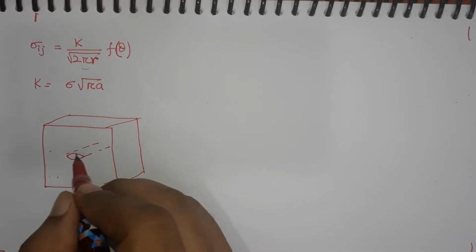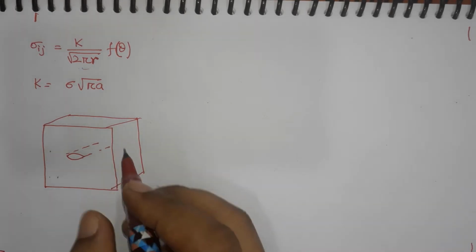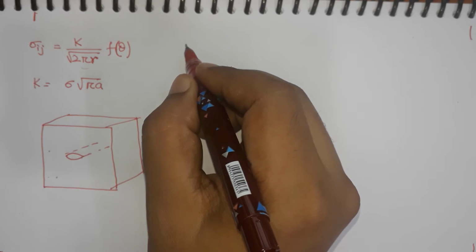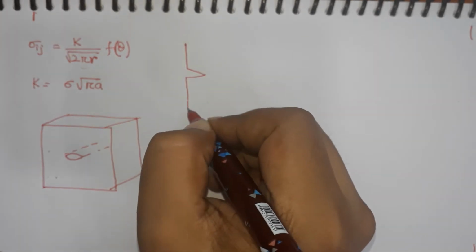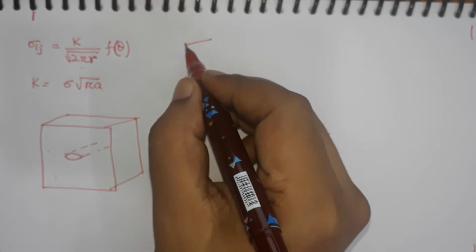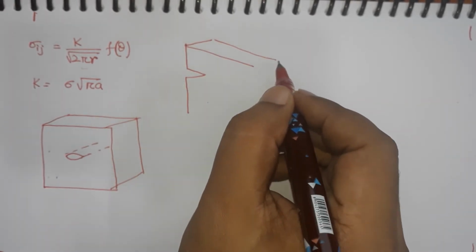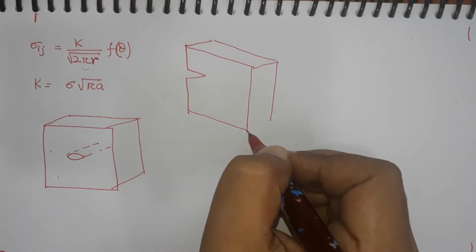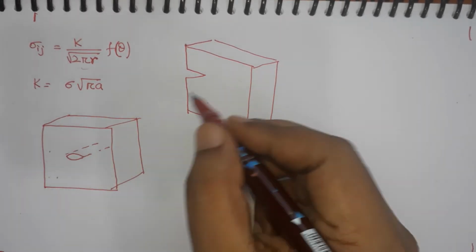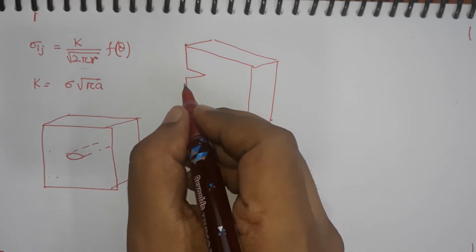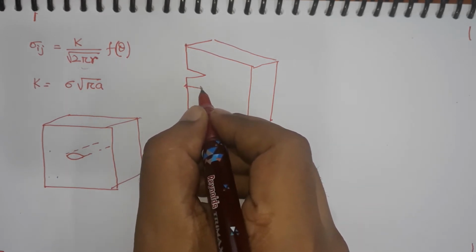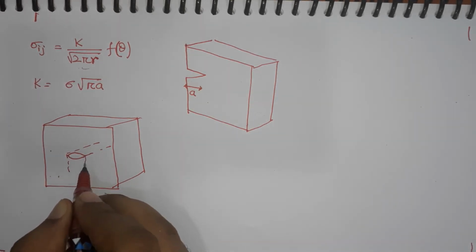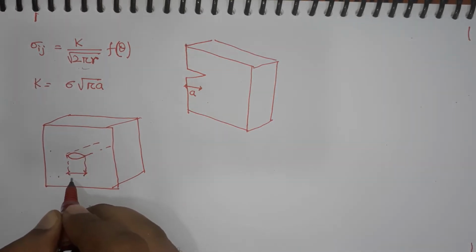So, it was a through crack which was inside the system, and if you remember, we drew something like this for Irwin's calculation, and that has a surface crack, and these are two different types of crack. So, here the crack length will be this distance, which is half crack length A. In this case, you will have this distance equals 2A.